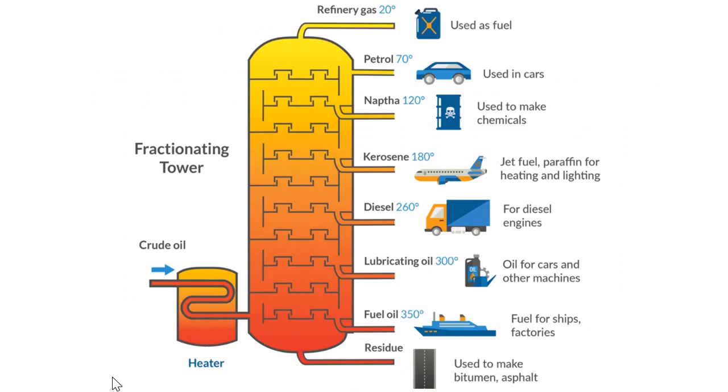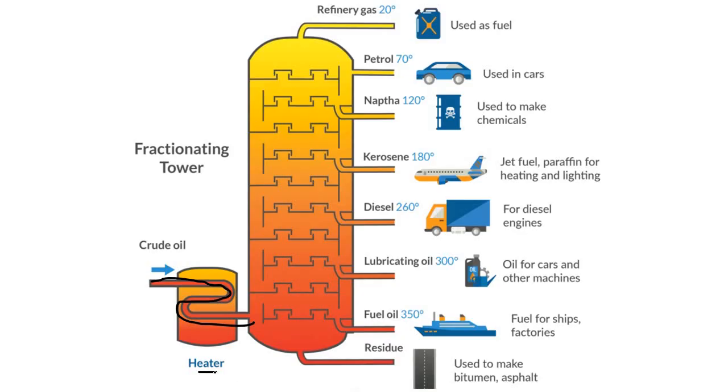Now I will show you the fractional distillation through this image. The crude oil is fed into the tower. From here the crude oil is fed. Here is the heater.